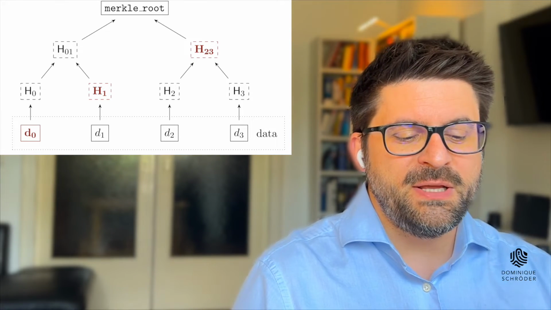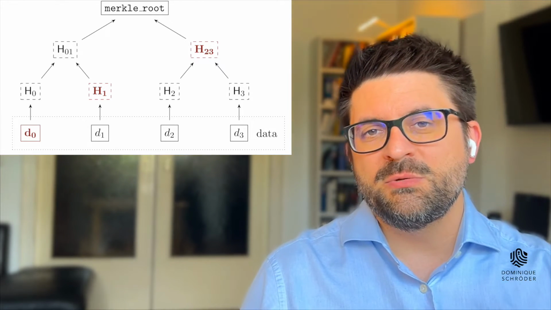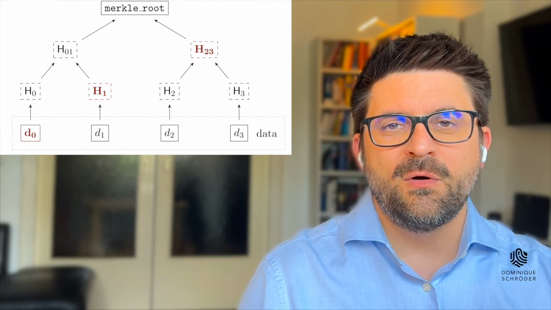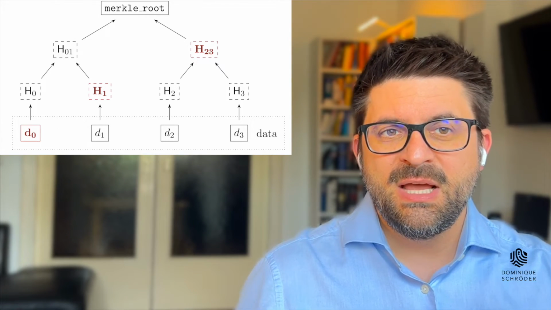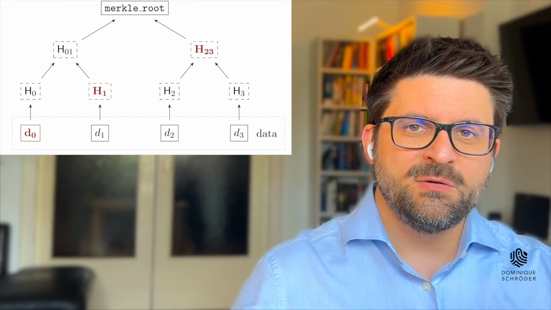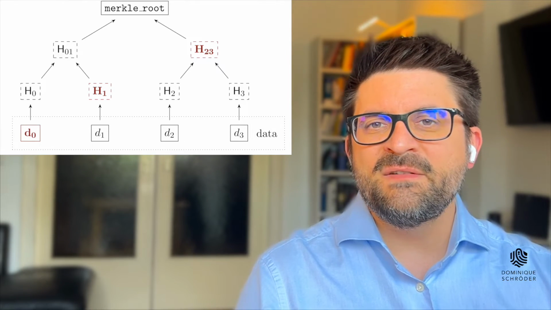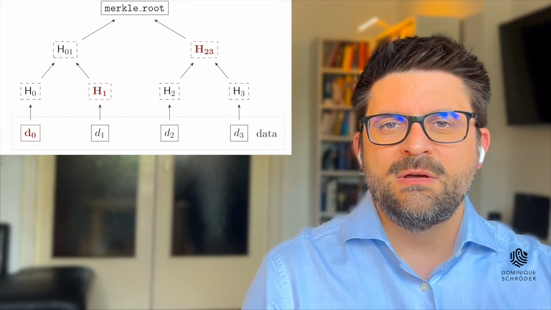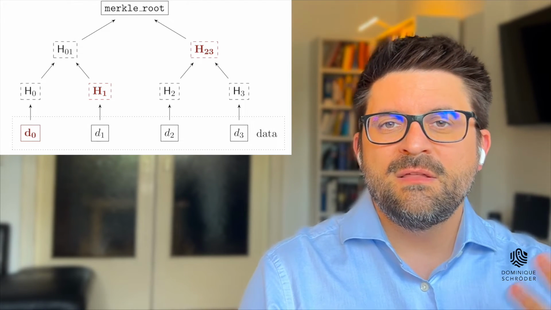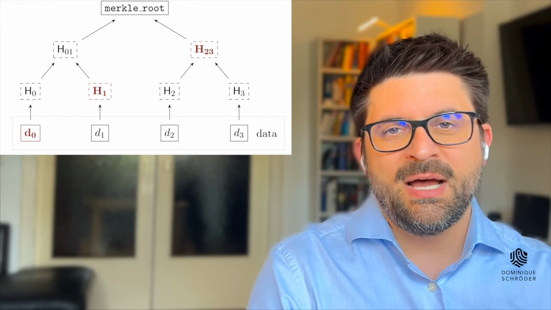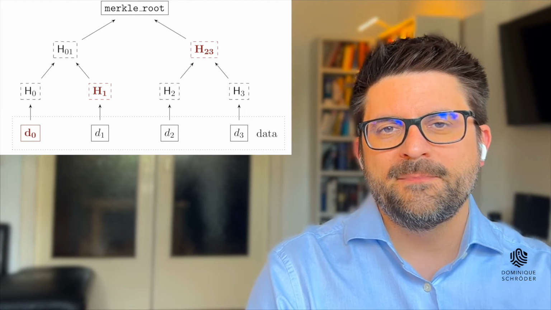Given H23 and H01, which we just computed from the elements before, we can compute the hash of both values and compare whether this hash corresponds to the root. And this in fact is the verification path. So in order to prove that the element D0 is part of the tree, the only elements we need to reveal are H1 and H23.